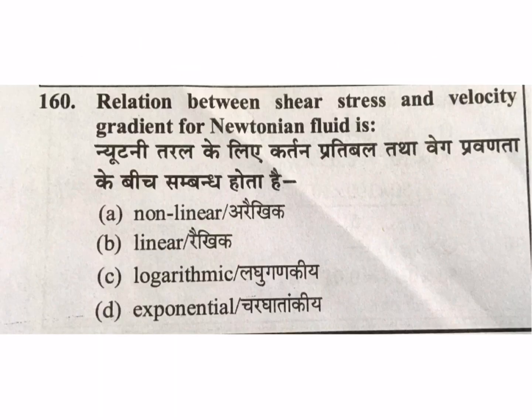Then next question. Relation between shear stress and velocity gradient for Newtonian fluid. Newton's law of viscosity. So in the graph, shear stress versus dv by dy, or you can write d theta by dt also.